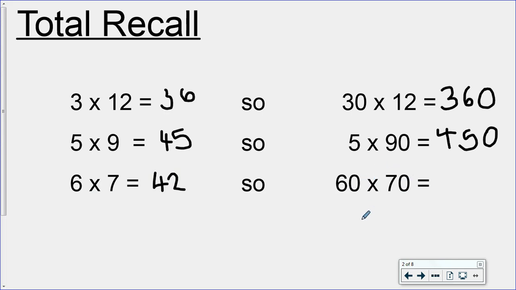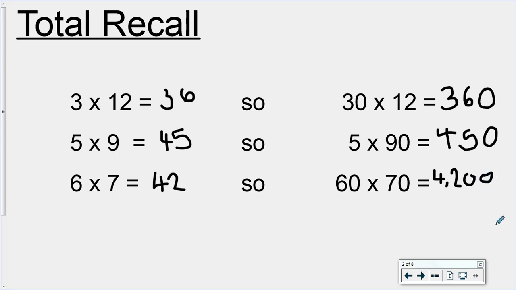So what do you think the answer is going to be? It's not going to be 420. It's going to be 4,200, because both of our answers have been multiplied by 10. So that means altogether our overall answer is going to be multiplied by 100.